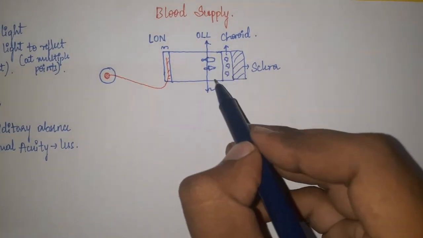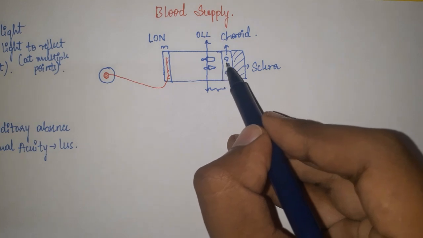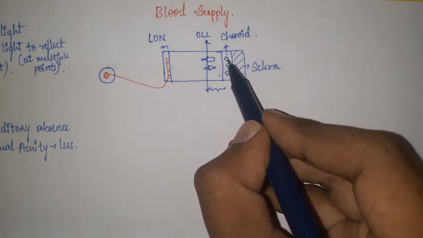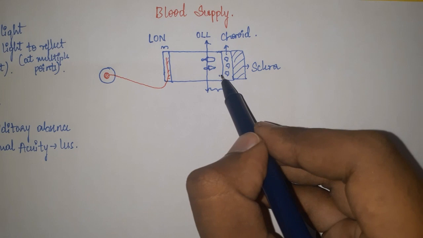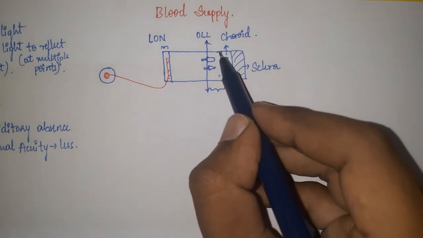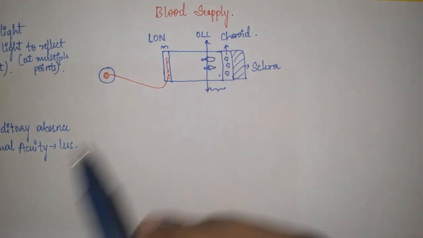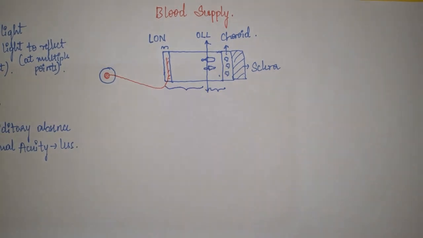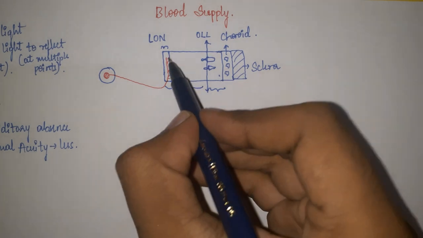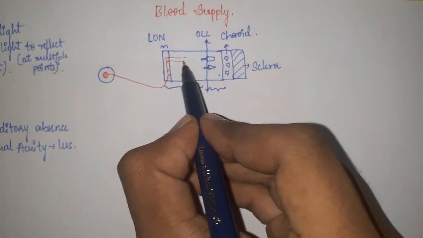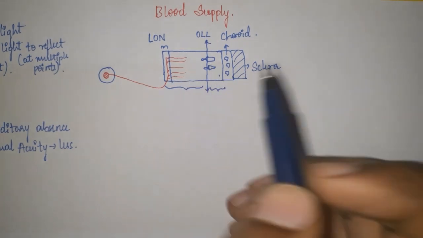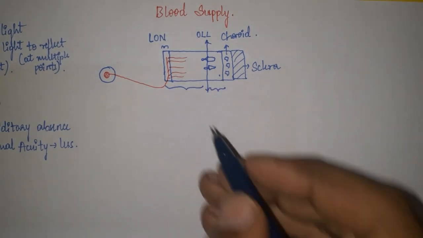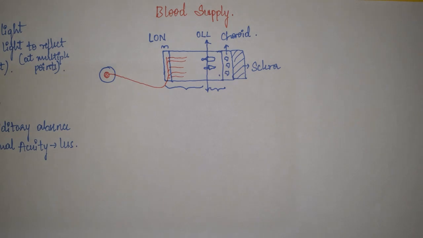This region of retina outside it is supplied by the choroid, because the choroid is highly vascular. Diffusion across this supplies nutrients to this part of retina. The remaining part, which consists of the outer plexiform layer, outer nuclear layer, inner nuclear layer and inner plexiform layer, is supplied by branches of the central retinal artery. Now this is the blood supply of the retina.